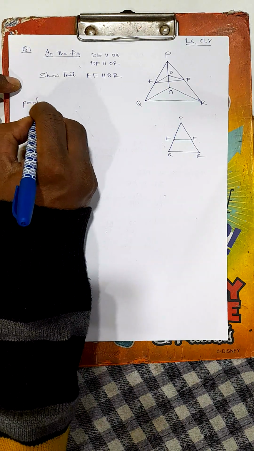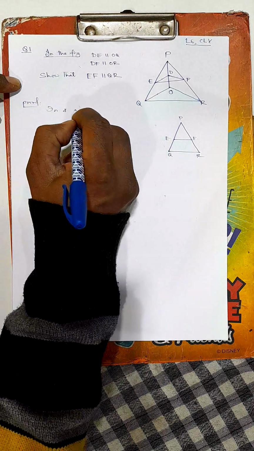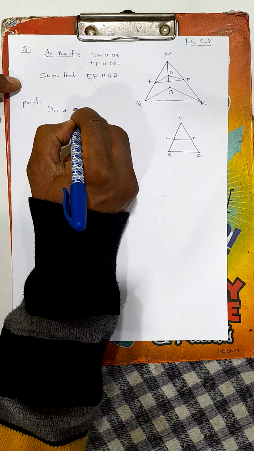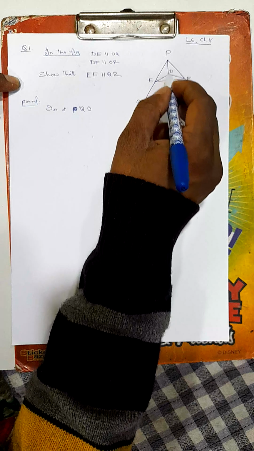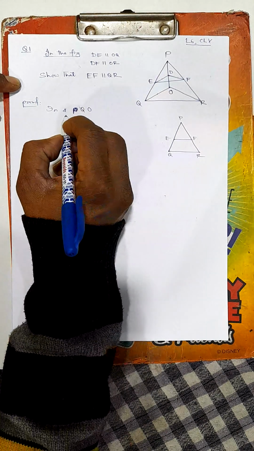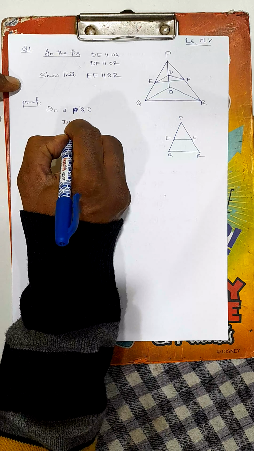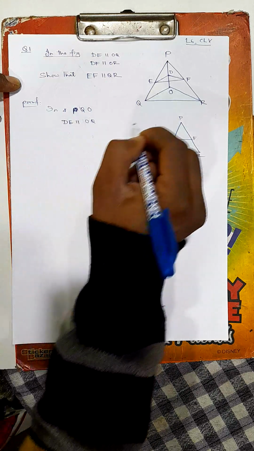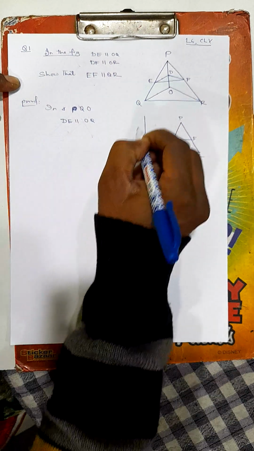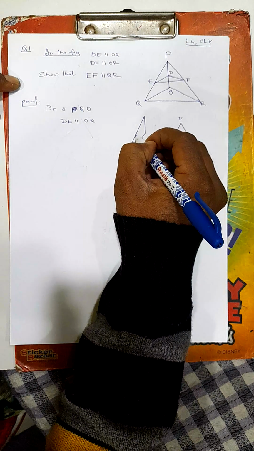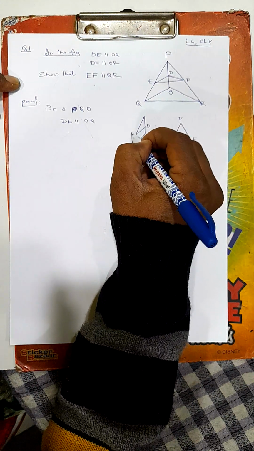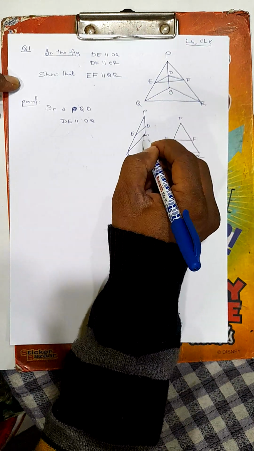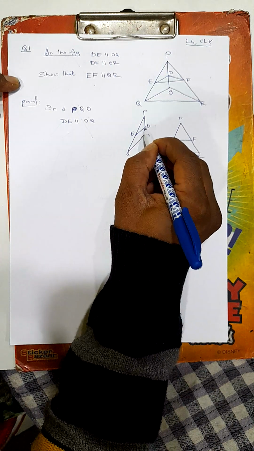let us prove this. In triangle PQO, you find that DE is parallel to OQ.